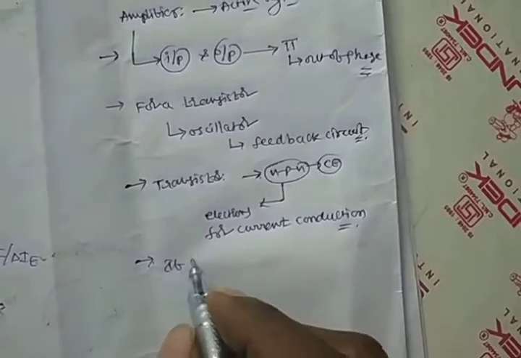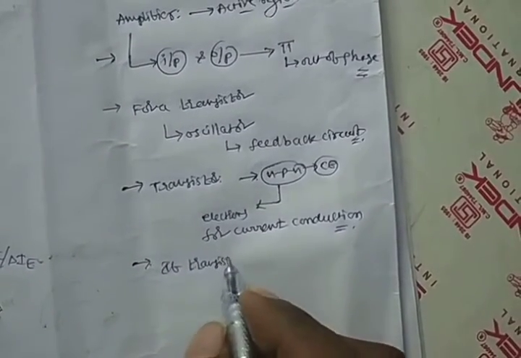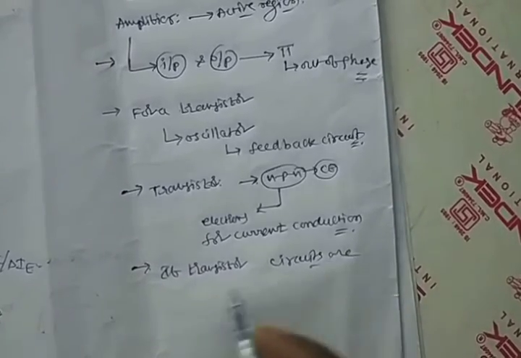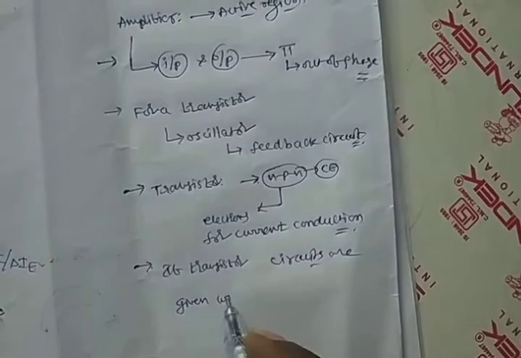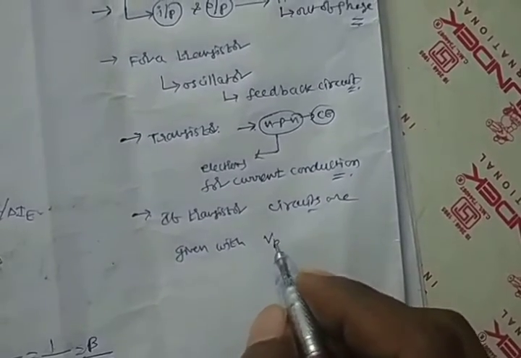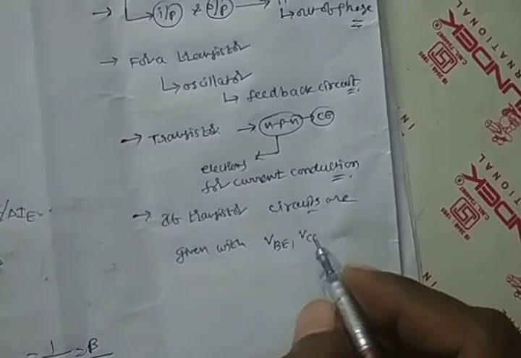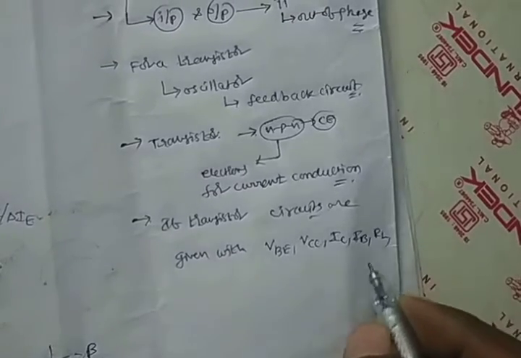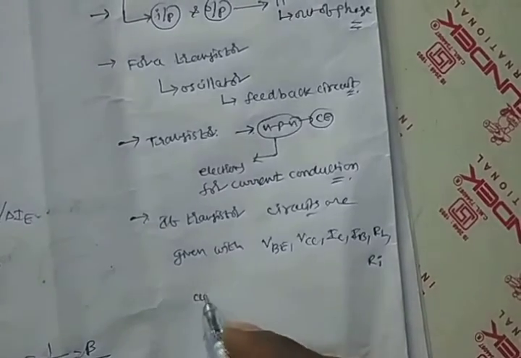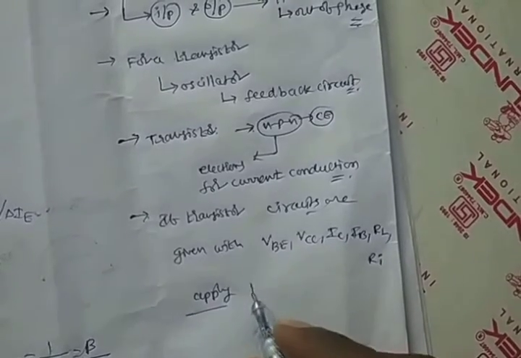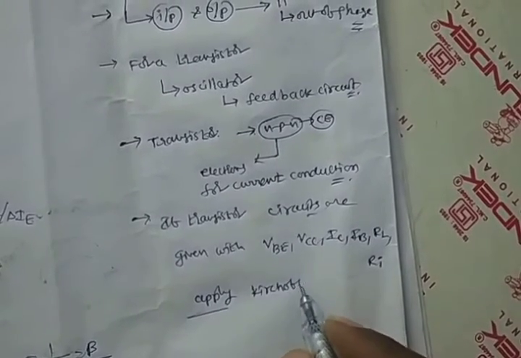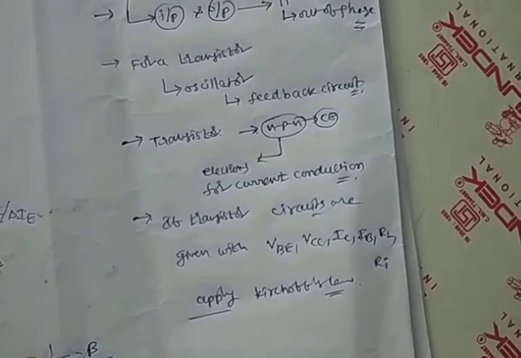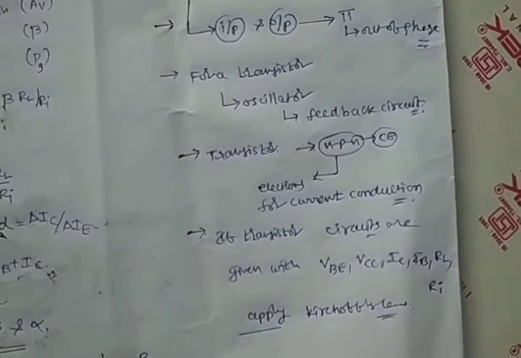So if any transistor circuits are given with VB, VCC, IC, IB, RL, RI, then you should apply Kirchhoff rules. Okay, this is about the transistor.